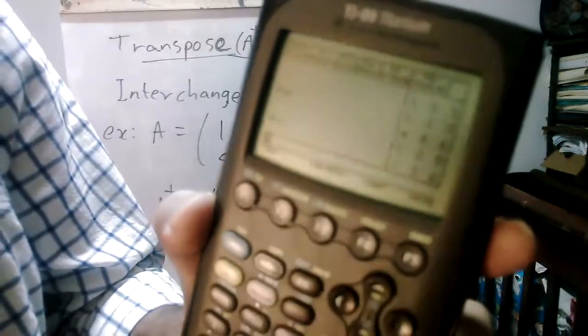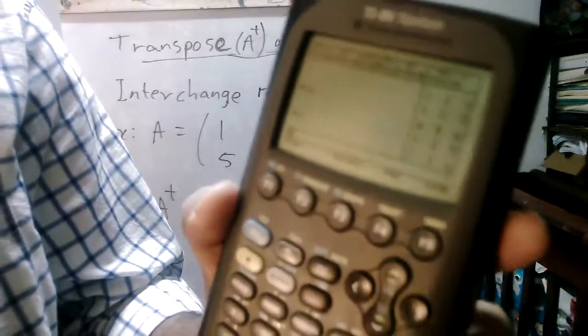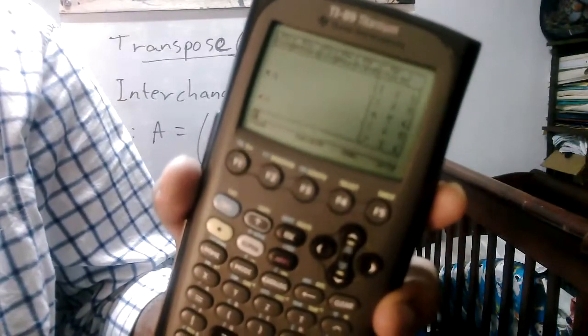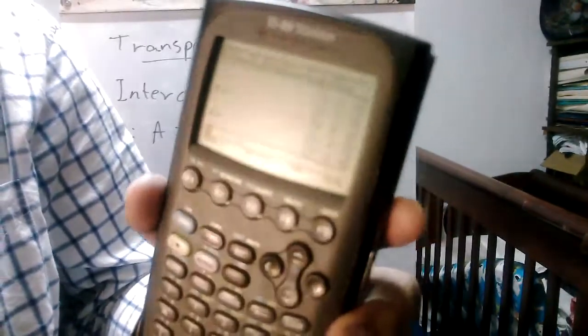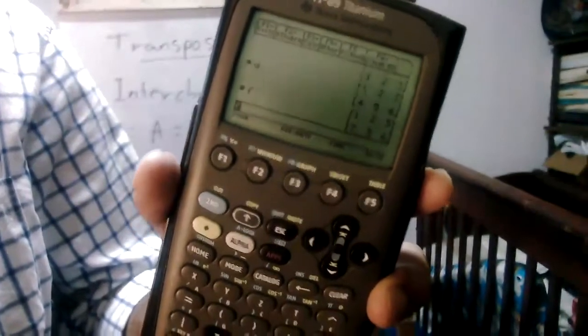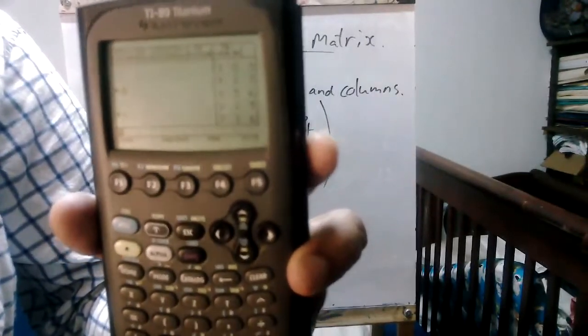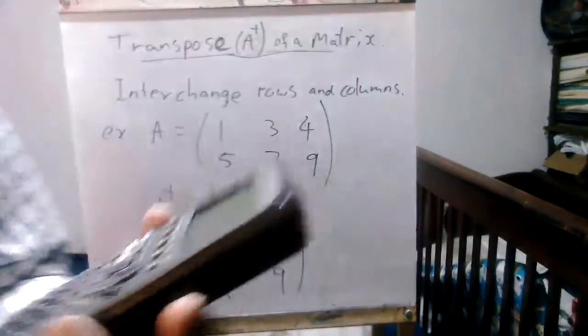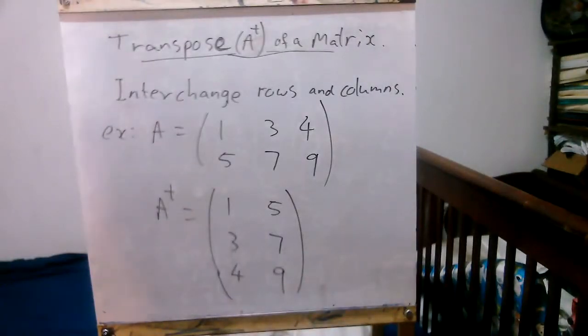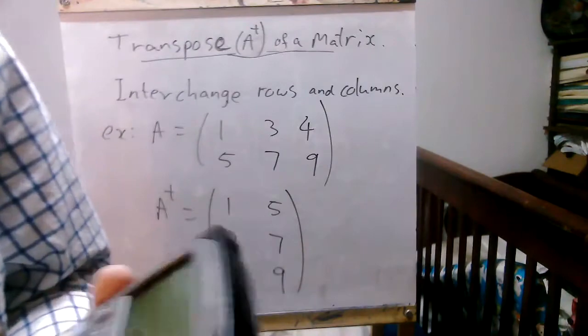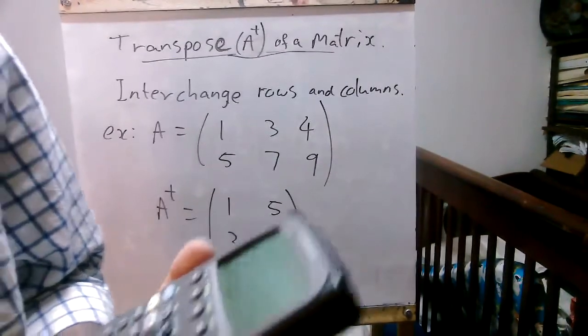I think that would be an easier method, I find. If you like that, you may enter in that way or the way I told you last time, right? Now you know 2 ways to enter a matrix.